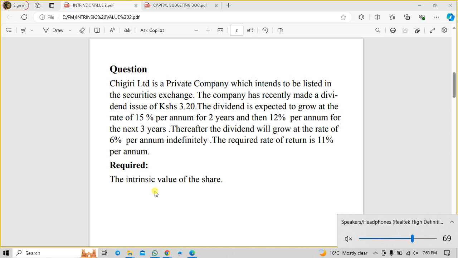So there are two methods of doing this question. I'll show you the two methods, but I will advise on using one method. But you'll have a choice of using the method that you want, but I'll insist on one, but you'll see the difference between the two methods.